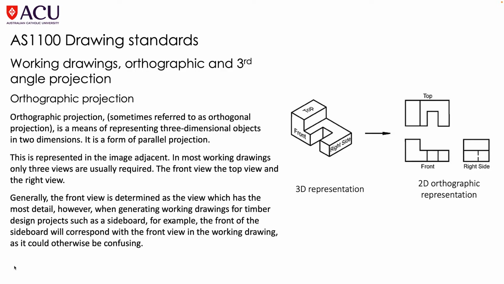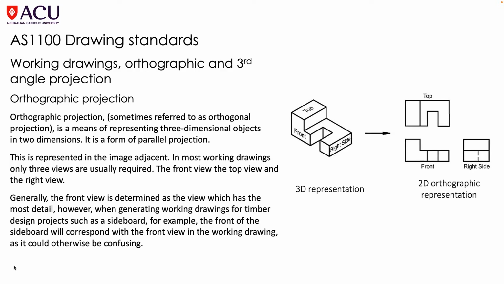So the three are related very closely to each other. It's a means of representing three-dimensional objects in two dimensions. It is a form of parallel projection. If you look at the image there on the right-hand side, you can see there's a three-dimensional object, and that is how it will look in a two-dimensional orthographic representation.